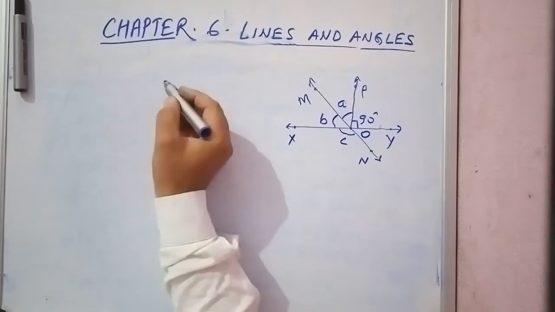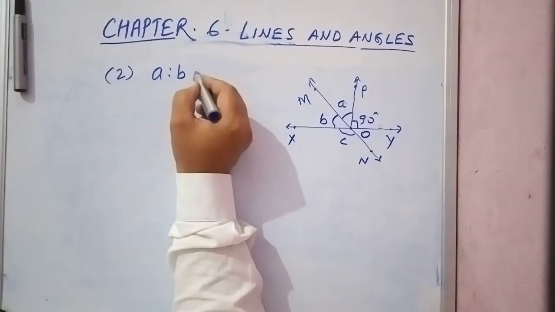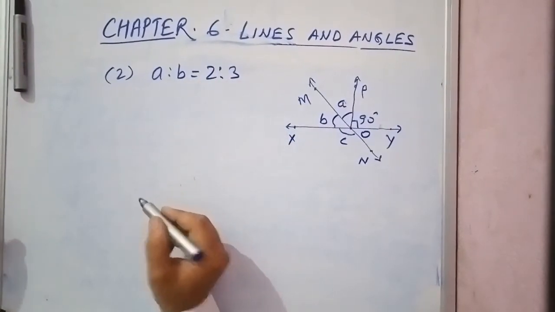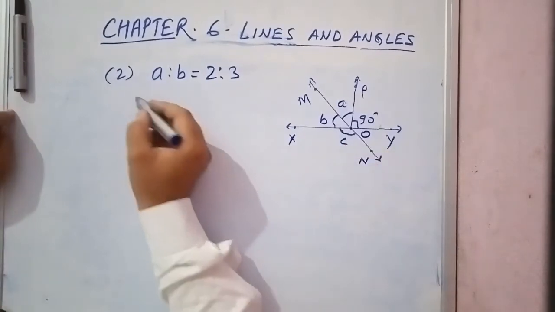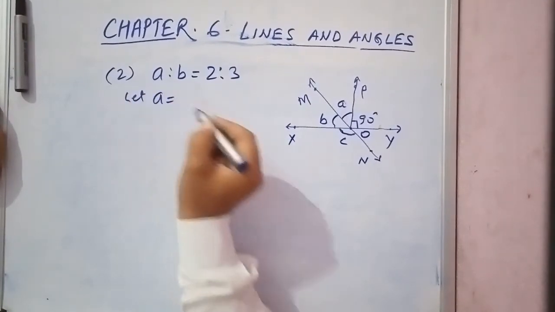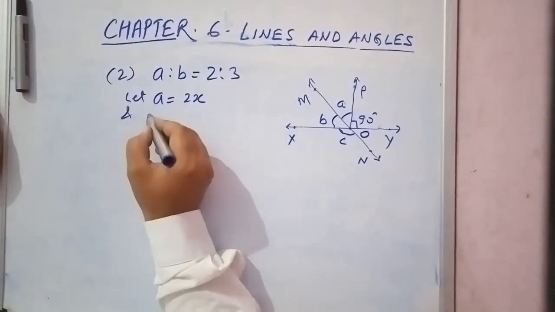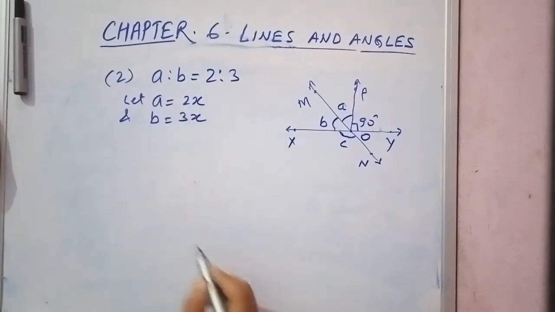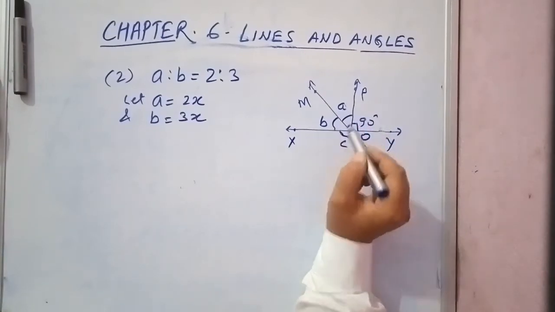The ratio a to b is given as 2 to 3, and we have to find angle c. This angle we need to find here. So let a equal 2x and b equal 3x. Here this is a complete straight angle.